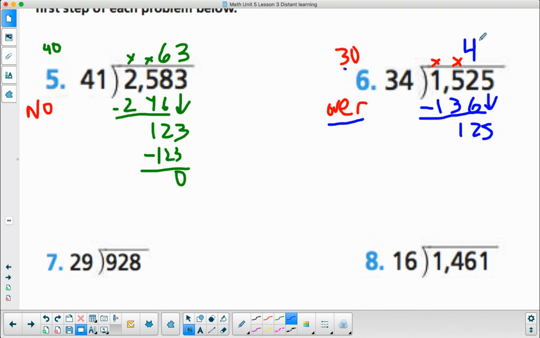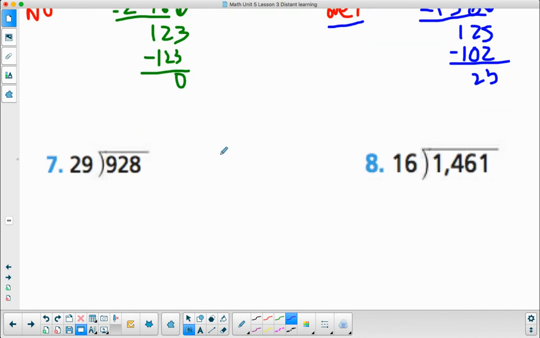I need to adjust it down 1 to 3. 3 multiplied by 34 gives me 102. Subtract, and I get 23. So far, 41 did not cause me to have to adjust, but 34 did.